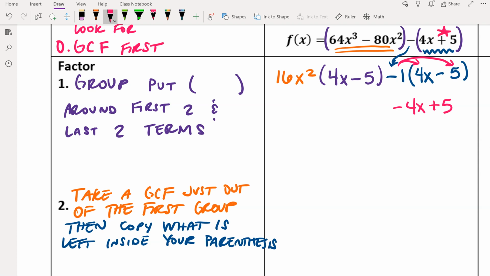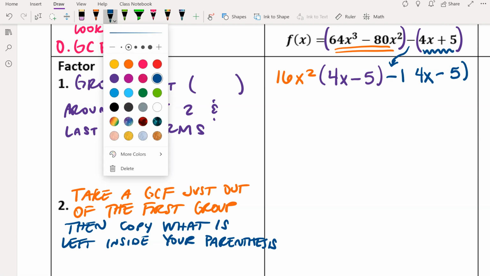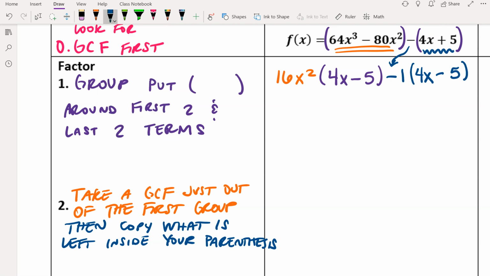So we did take the correct GCF out. Okay. So the reason I said you could think of it as copying is because look at what we had for our first set of parentheses. Right here, if you're factoring by grouping and it's working, you should always get the same thing in your 2 sets of parentheses.